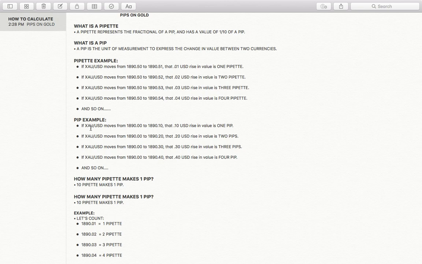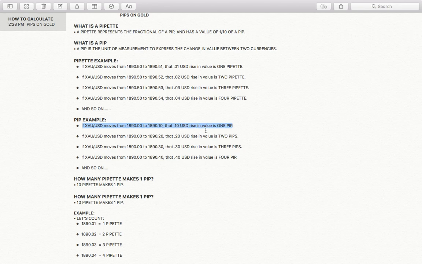As you can see, if XAUSD moves from 1,890 to 1,890.1, that's like a 10-cent movement, right? So what it means is that this one here is what we call a pip.